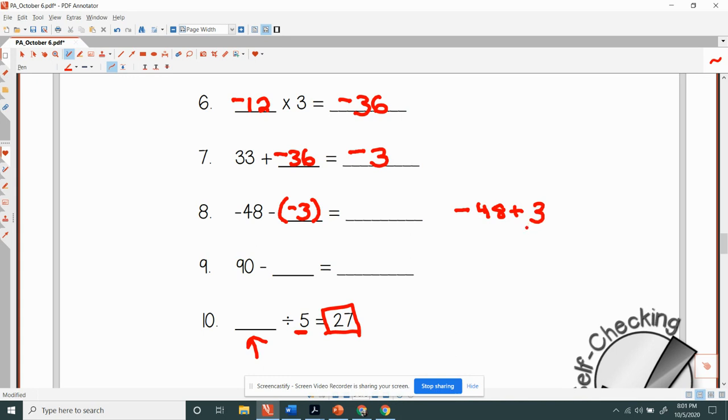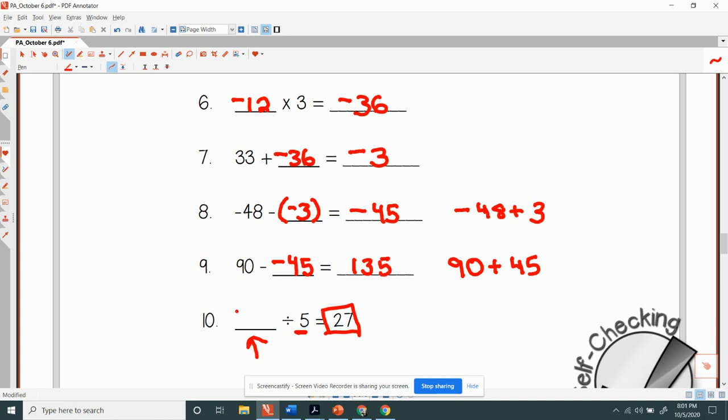You change that to a positive 3. And that would be negative 45. You put the negative 45 here. And 90 minus a negative 45, again, when we have subtracting a negative, we need to be really careful. So write it as adding the opposite, 90 plus a positive 45, which would equal 135.